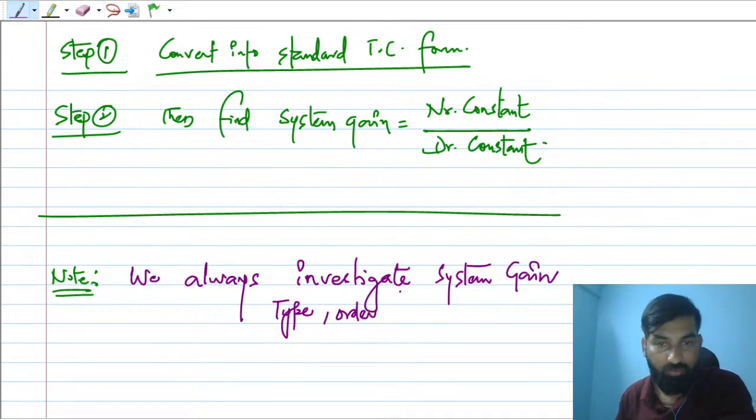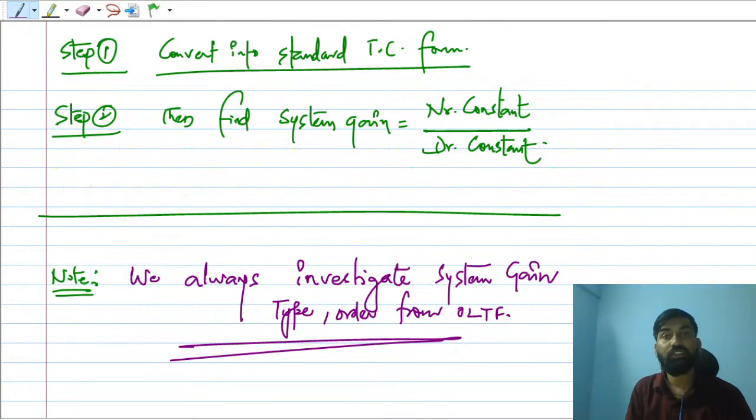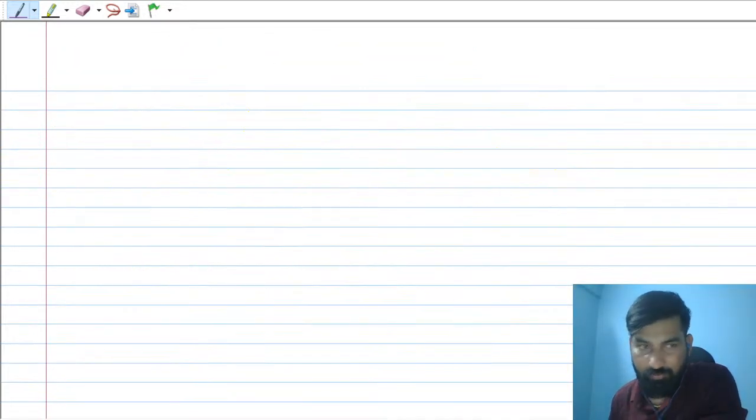From the open loop transfer function, okay. So suppose in the examination they have given the closed loop transfer function, right? Then you have to convert it into the open loop transfer function, then convert into time constant form. These concepts are very, very important, guys, which you have to keep in mind. We always investigate system gain, type and order from the open loop transfer function, right?